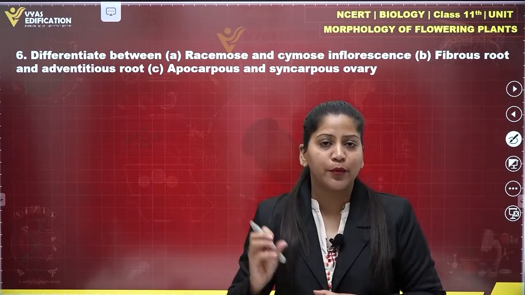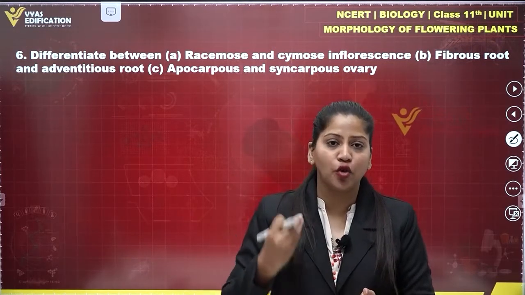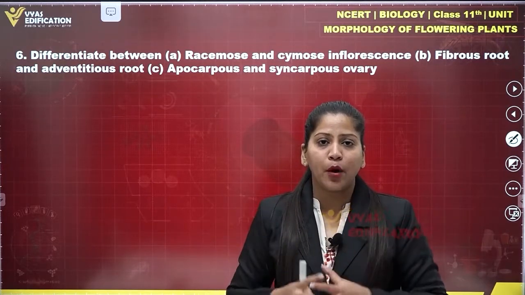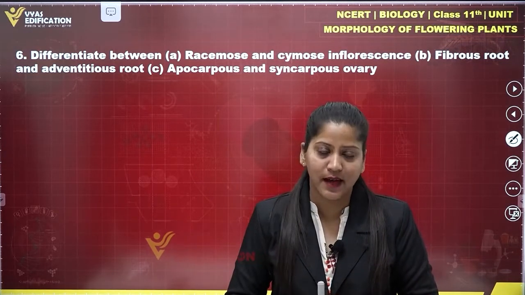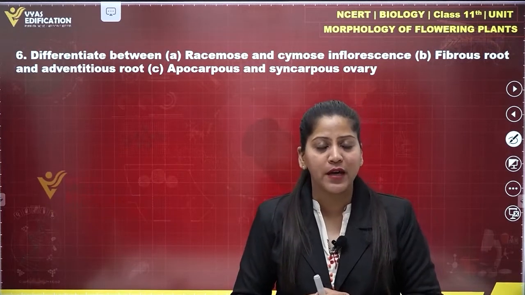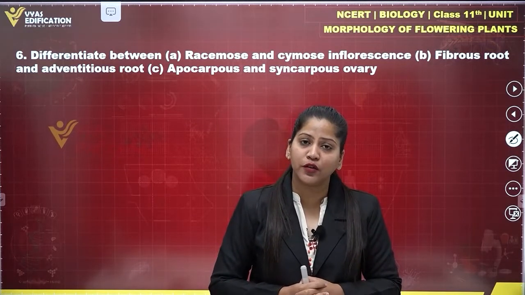The primary root which originated from the radicle of a seed is short-lived and is replaced by a number of roots which originate from the base of the stem. So this is fibrous root, found in wheat and cereals. The next one is adventitious root.